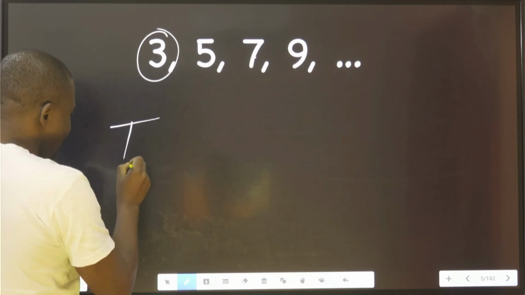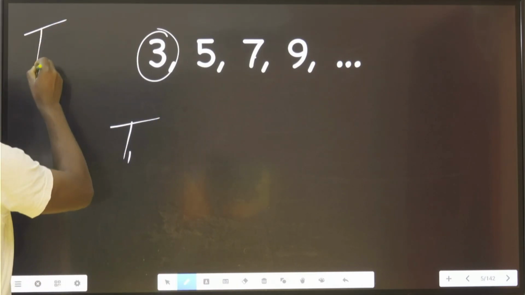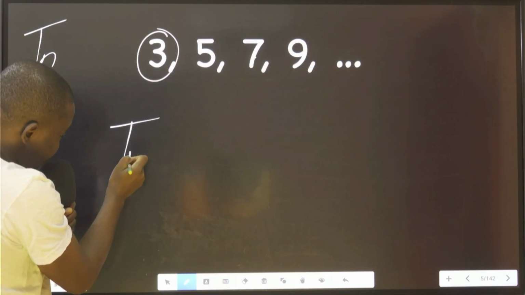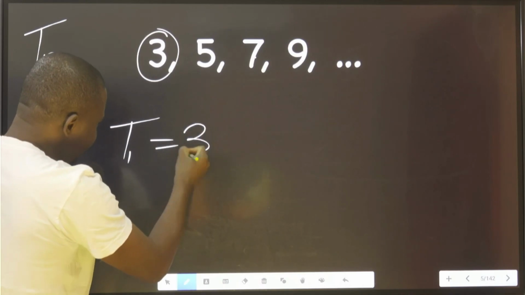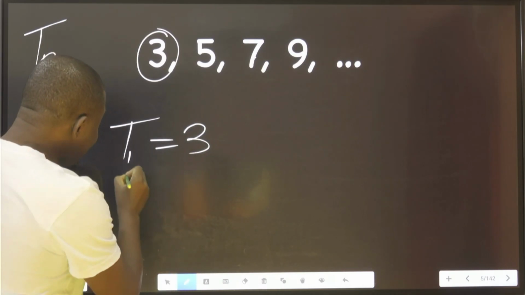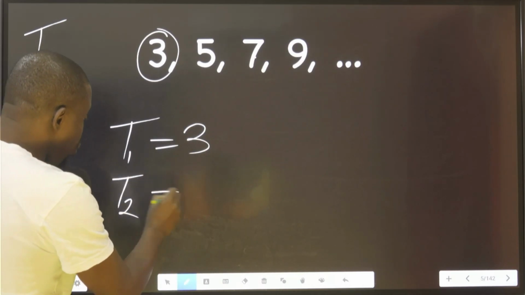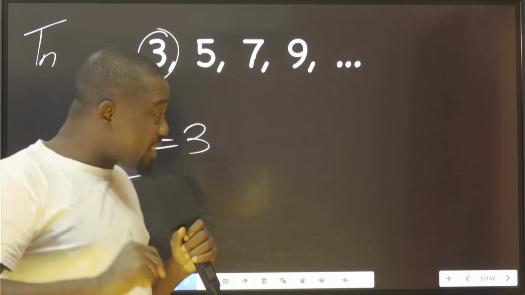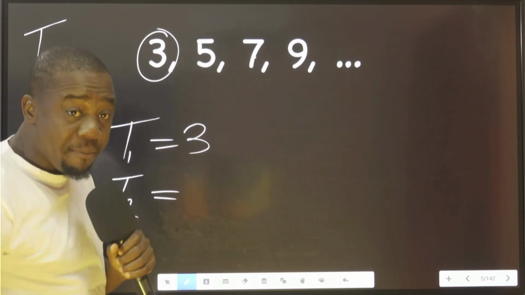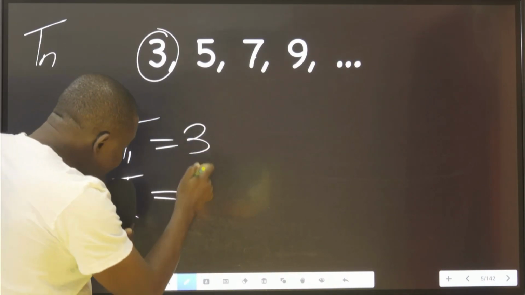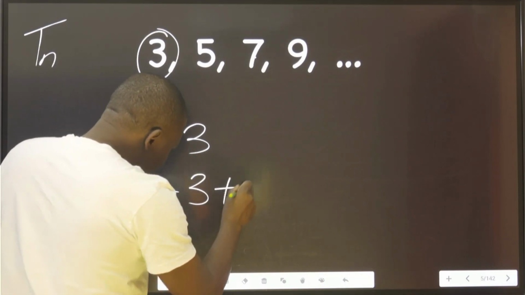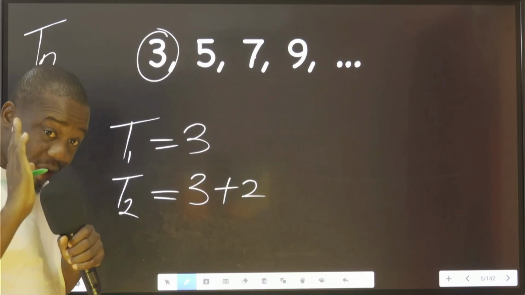We represent it like this, because this is the nth term. So, because this is the first position, we'll say T1 is equal to 3. For the second position, which is the second term, you agree with me, we derive it from the first term. So we are deriving it from this 3. How? By adding 2 to this. We are looking for the formula.